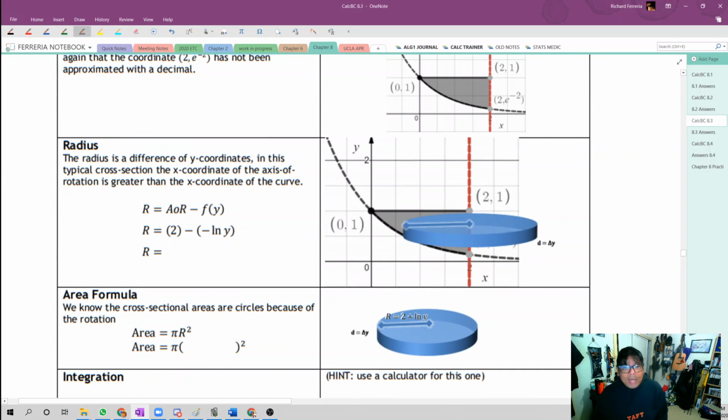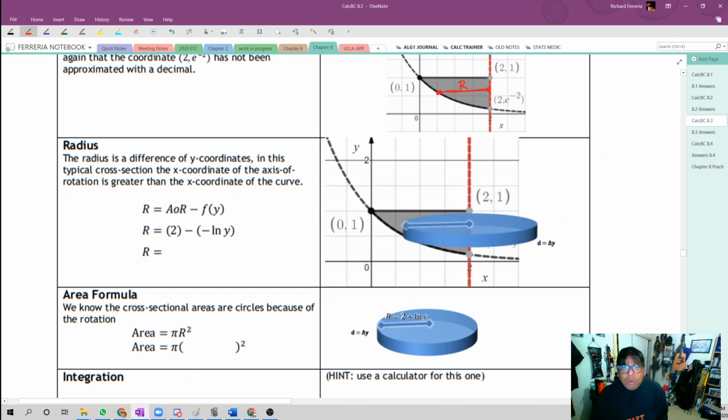Now, the radius is going to be, I'm going to draw it over here because that might be easier to see. The radius is going to be the distance from the curve to the axis of rotation. That's going to be our radius.